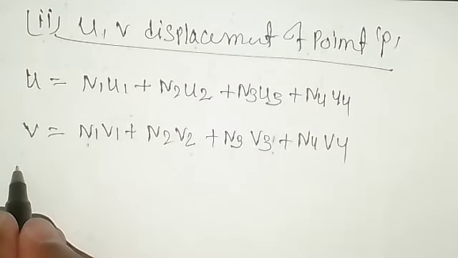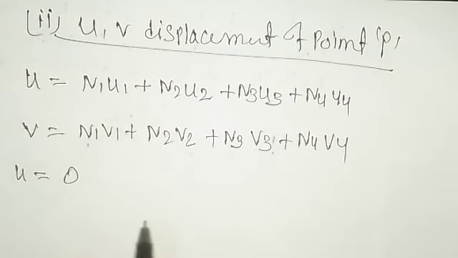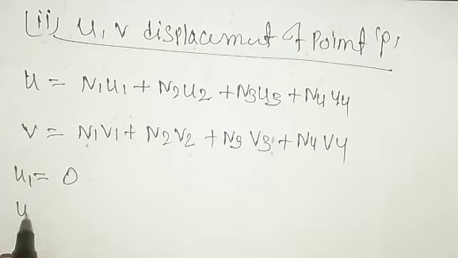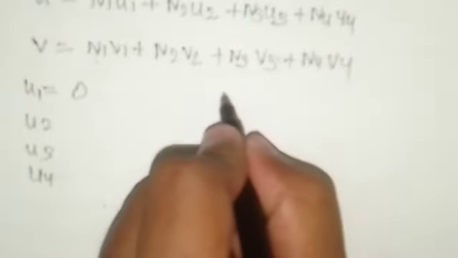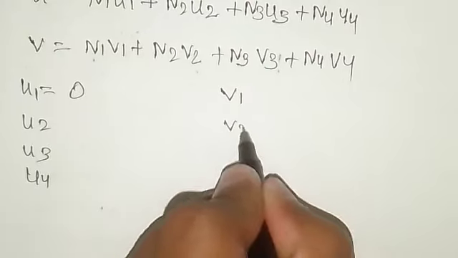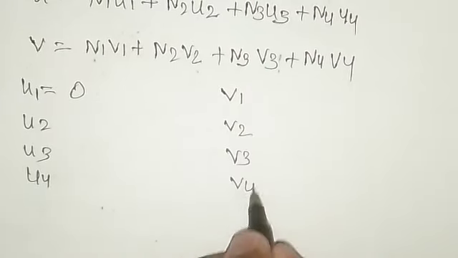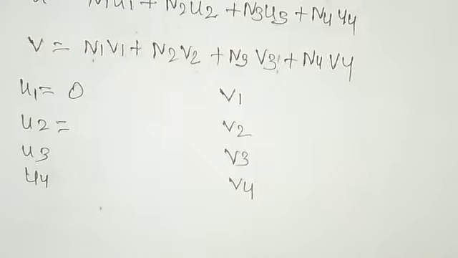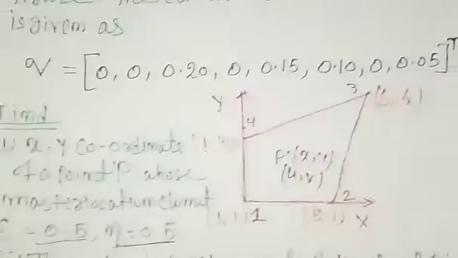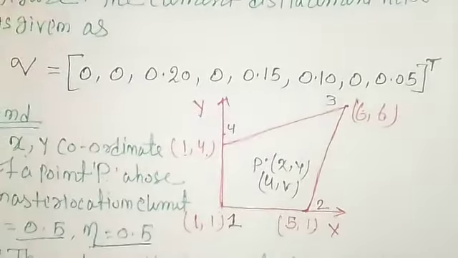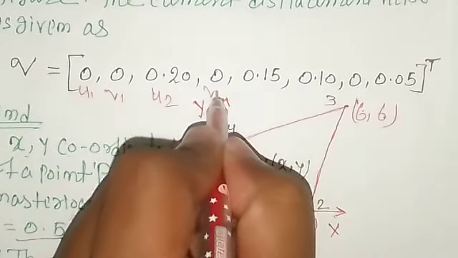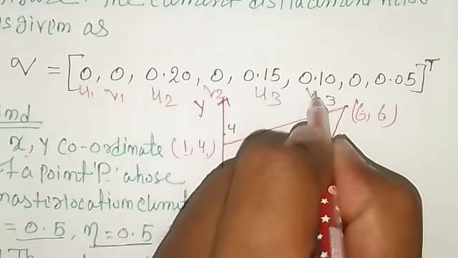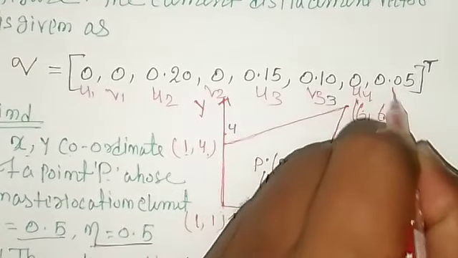From the question you can get U1, U2, U3, U4, and also V1, V2, V3, V4 are given. First we'll collect the data. From where? From the question. This is your u1, v1, u2, v2, u3, v3, u4 and v4.